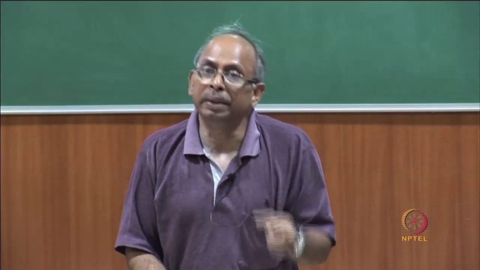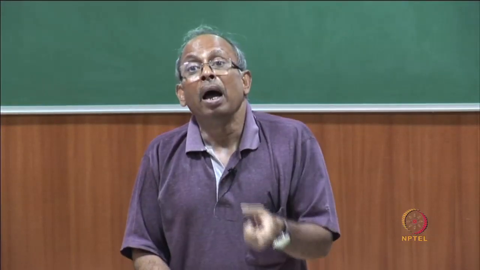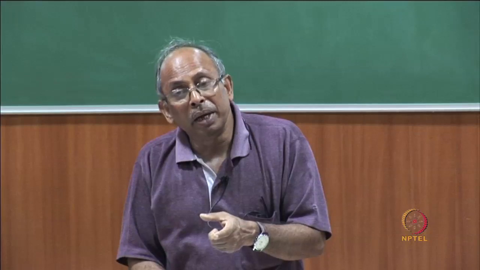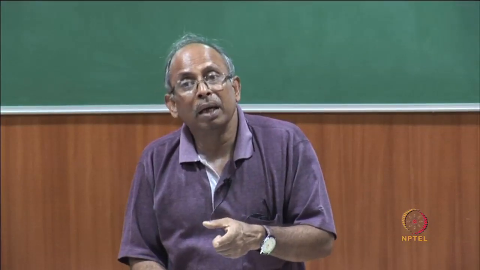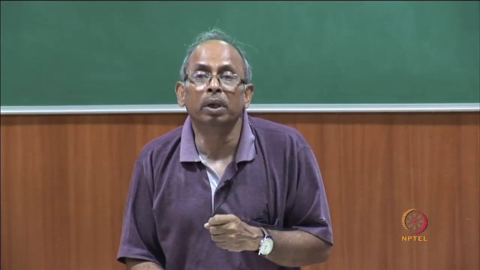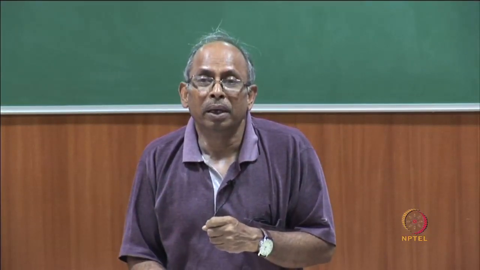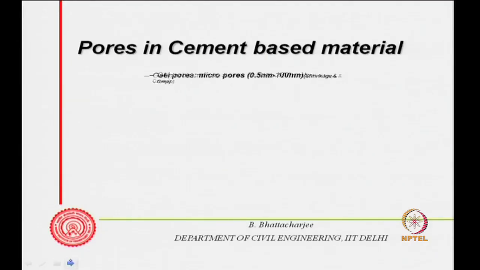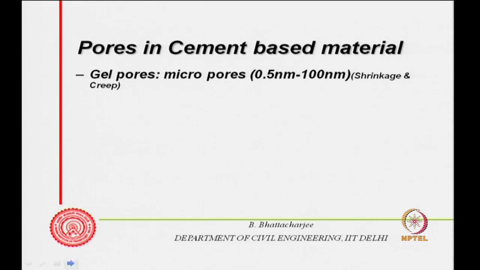Higher the porosity, strength is lower, 1 minus p. Higher the mean distribution radius, strength is lower, because it is related to 1 over under root mean distribution radius. So, that is why strength is a function of water cement ratio. That is what was discovered by D. Abraham in the 1920s and 30s, very early 20s actually.